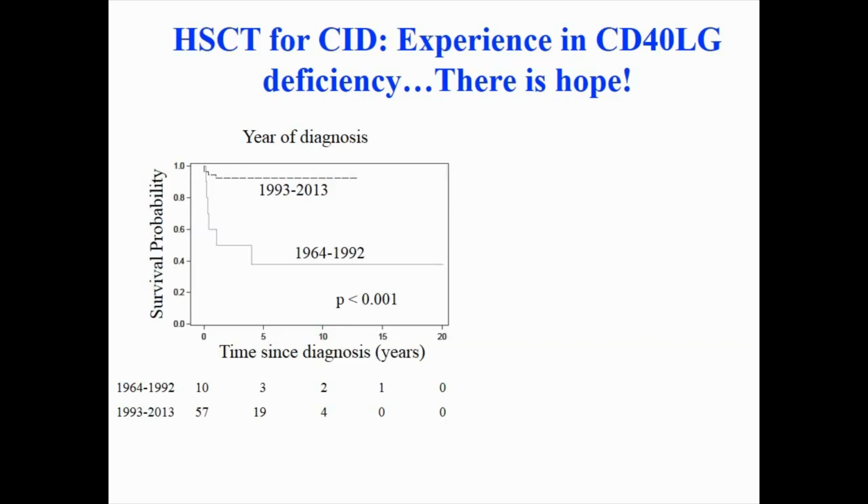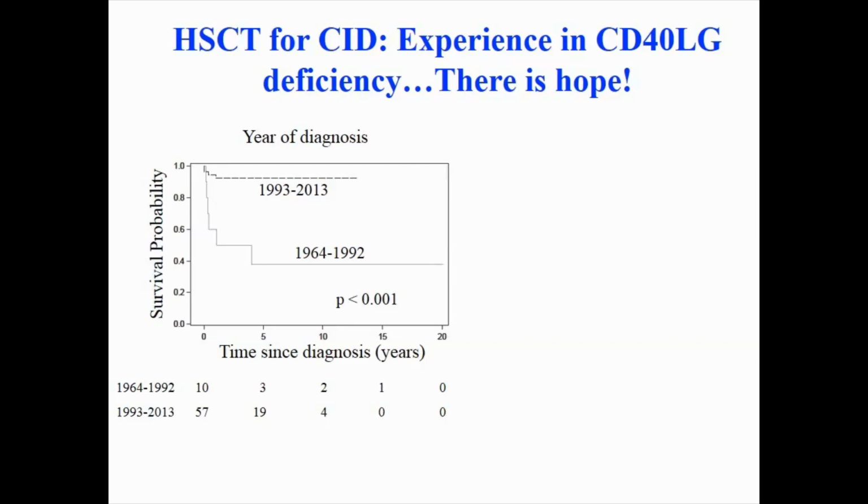Only 40% of these survived versus over 90%. This is already telling you that in this period of time, 20 or 30 years difference more or less, there has been a significant improvement in the outcome of transplantation. We recognize these patients earlier. We know how to treat their problems better. We can prevent many of these problems much better. So there is indeed a lot of hope.